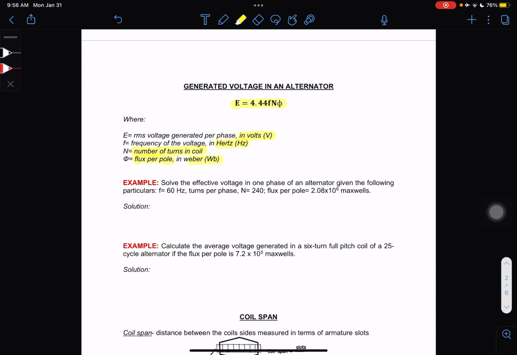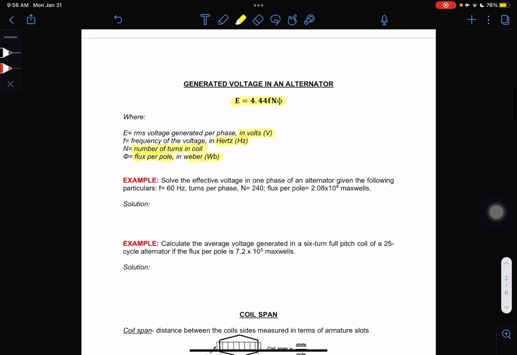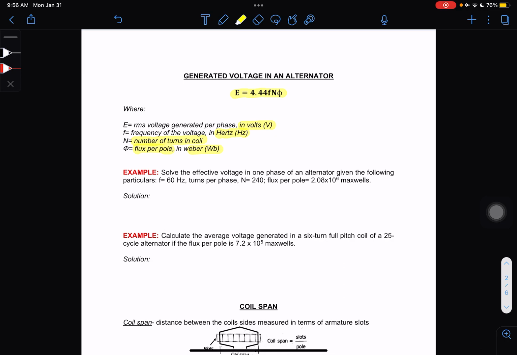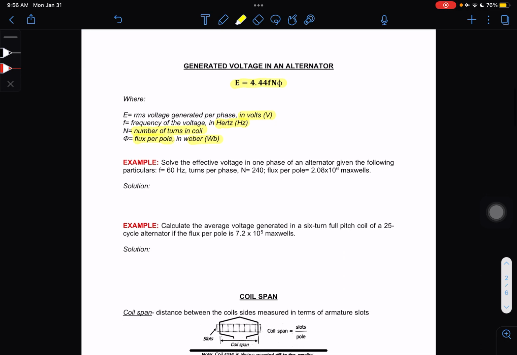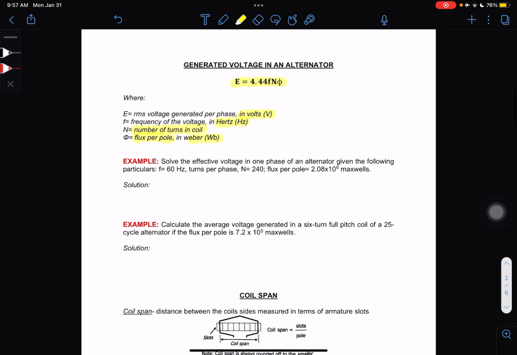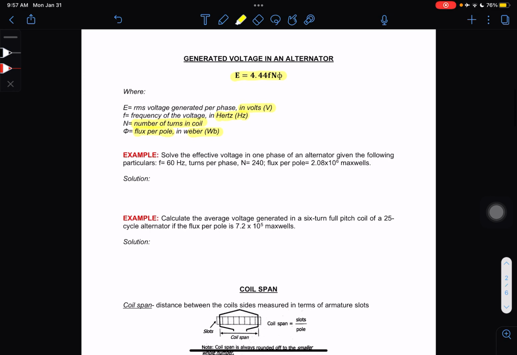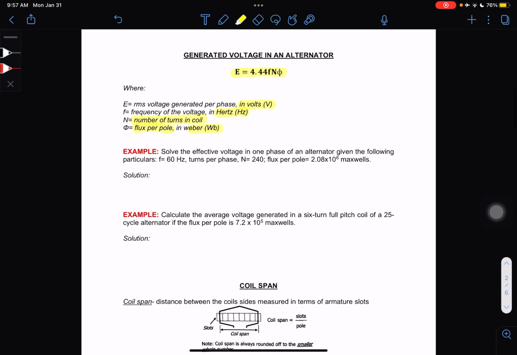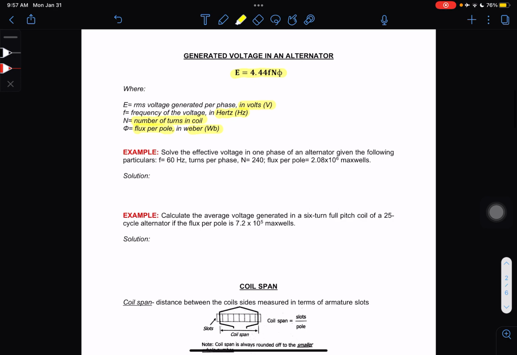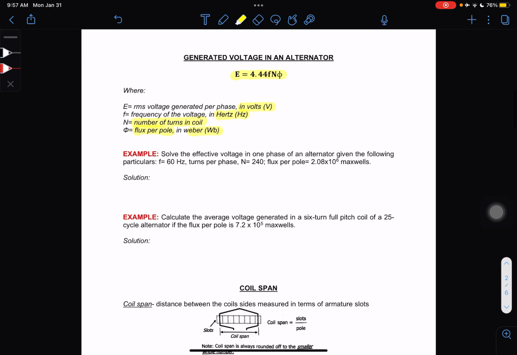So let's have an example for this generated voltage. First, solve for the effective voltage in one phase of an alternator given the following particulars: F is equal to 60 Hz, turns per phase is 240, flux per pole is 2.08 times 10 raised to 6 Maxwells.